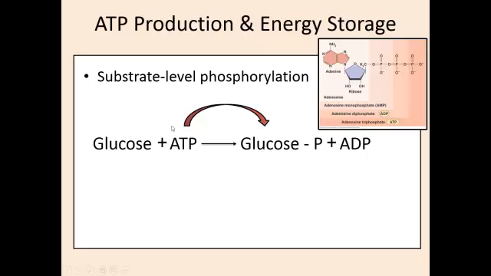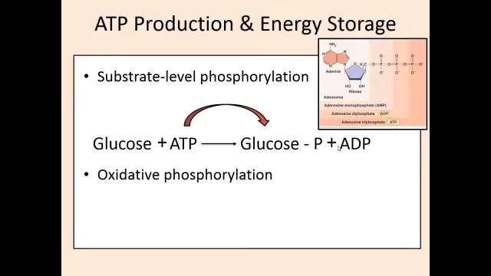An enzyme has taken the phosphate group from ATP and moved it to the glucose, and you end up with glucose 6-phosphate and ADP. So anytime you have phosphate groups being moved from one molecule to another, that is substrate level phosphorylation.